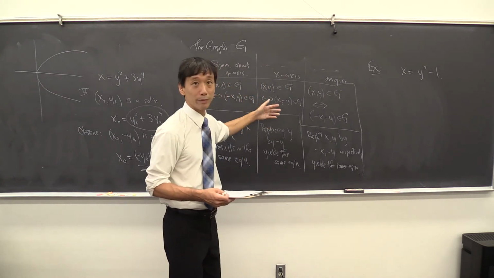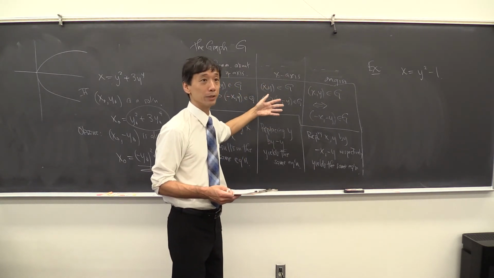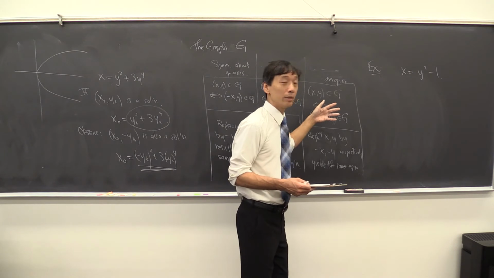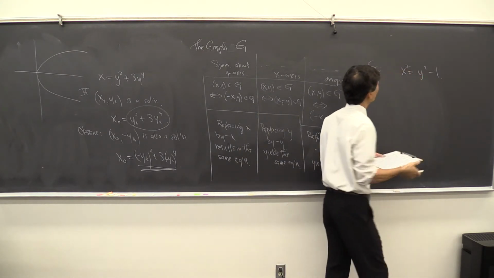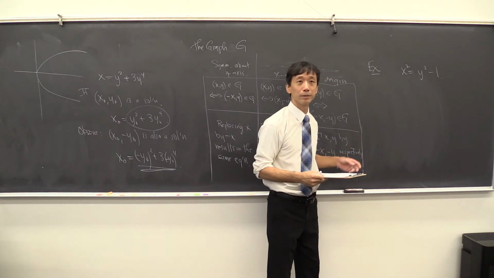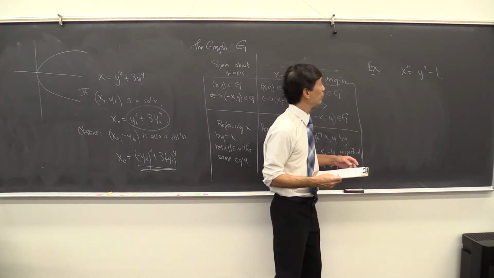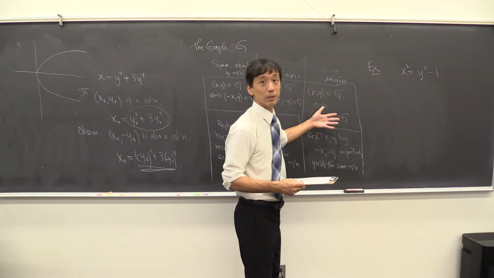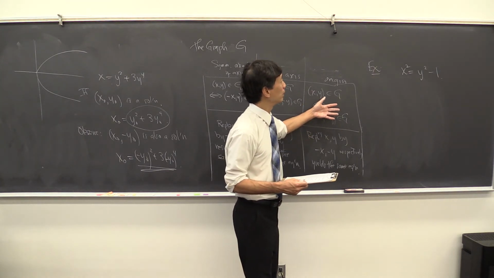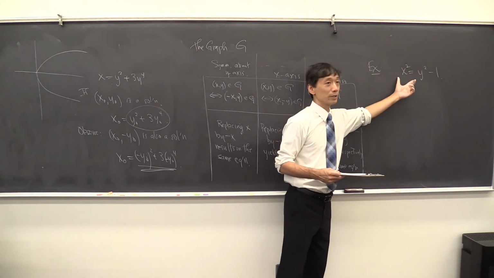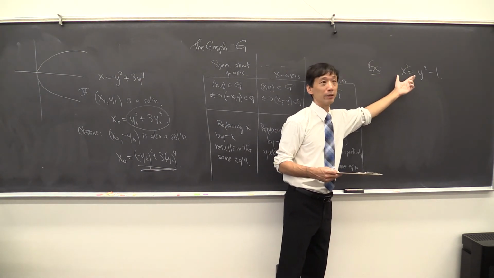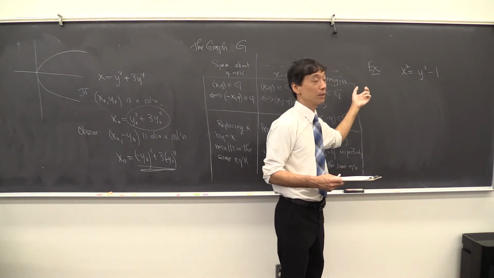If you replace y by negative y, the equation doesn't change. If I had something like this, what would you say? Origin. Symmetry with origin. Yep, because if you replace x and y by negative x and negative y, the equation doesn't change.